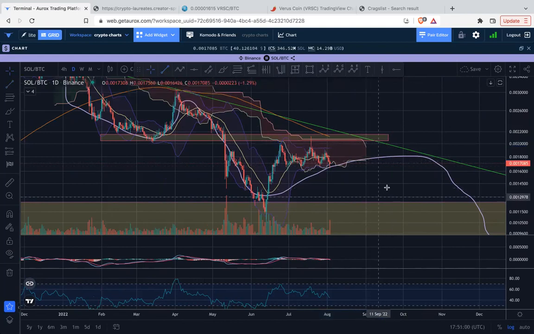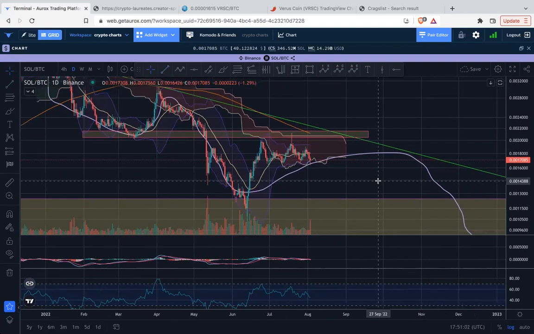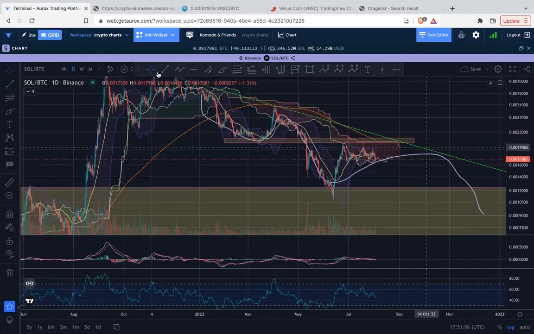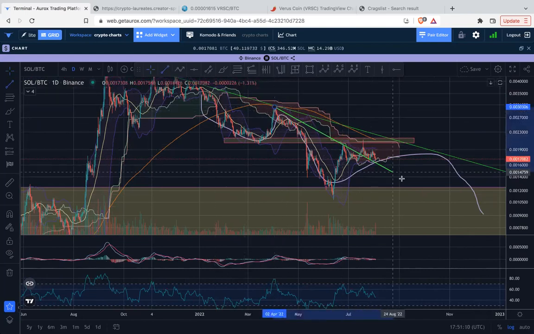So it's not in a favorable zone. However, you might argue that it has broken out of this downtrend energy. So maybe sideways down, sideways up, whatever. Maybe that's in the cards on the daily price chart. Maybe it does go test this level again, towards the end of August.